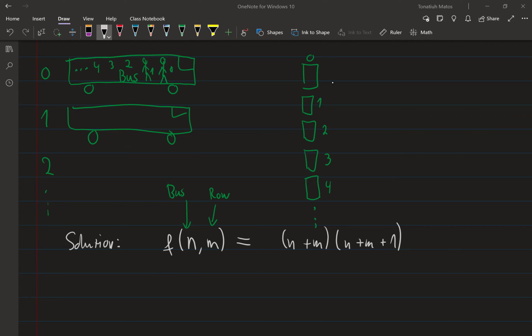So for example, the second bus, the fourth person, will get the same room as the fourth bus, the second person, because n and m are interchangeable in this. So this function that I just wrote down is not actually injective, right? It has infinitely many repetitions. So each room would actually have a lot of people in it, or there would be a bunch of rooms with, maybe not infinitely many, with a lot of people in them.